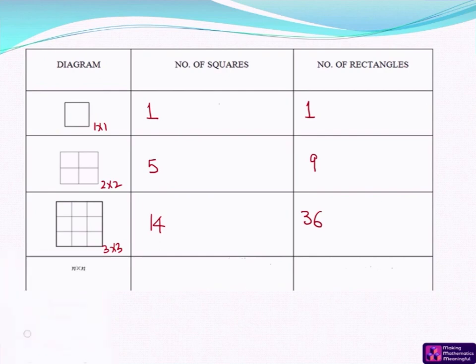Observe a pattern. We initially start with the number of squares. It's simply 1 square. 5 can be written as 1 square plus 2 square. 14 can be written as 1 square plus 2 square plus 3 square.